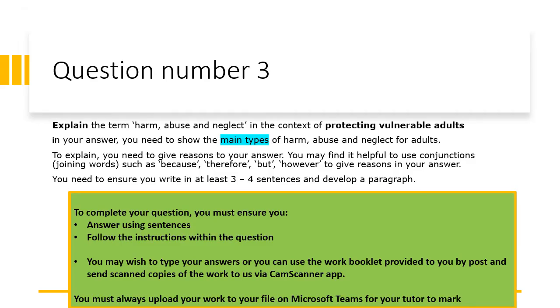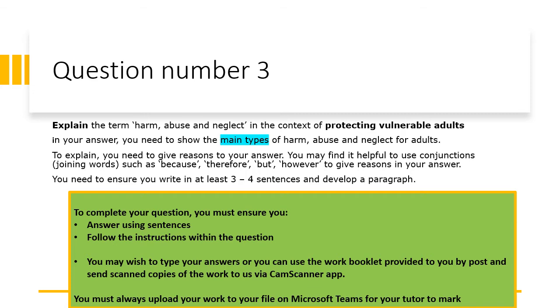So you're now going to look at question number 3, and it's asking you to explain the term harm, abuse and neglect in the context of protecting vulnerable adults. In your answer, you need to show the main types of harm, abuse and neglect for adults. You need to explain, so you need to give reasons to your answer. So you might find it helpful to use conjunctions, so the joining words.